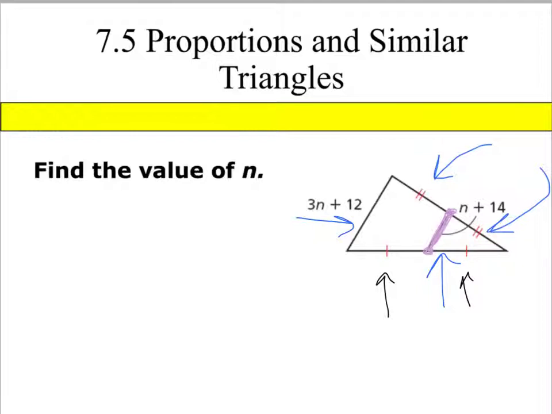We know that n plus 14 has to be half of 3n plus 12. Be careful, you do need these parentheses because you're not just taking half of 3n, but you're also taking half of that 12. You're taking half of the entire segment. So from here, you know how to solve. Distribute this 1/2 through.